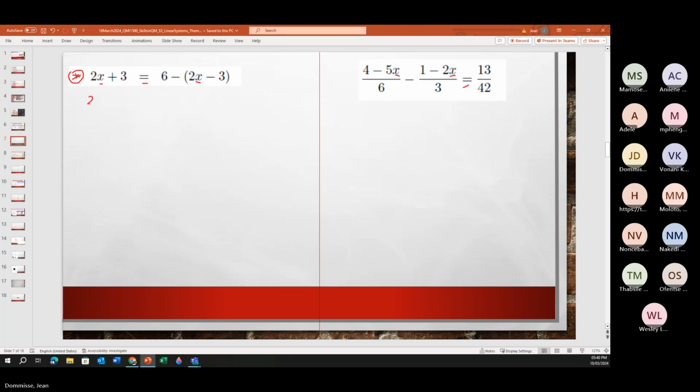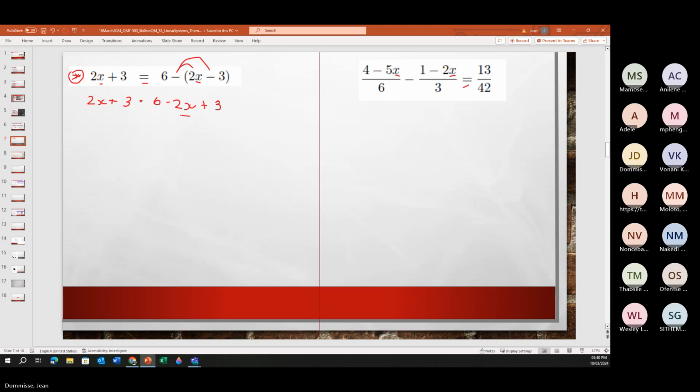So let's just do that. Let's first solve what is in the brackets. Minus times the 2x is minus 2x. Minus times a minus 3 is plus 3. And you guys can feel free to post your answers in the chat as well.